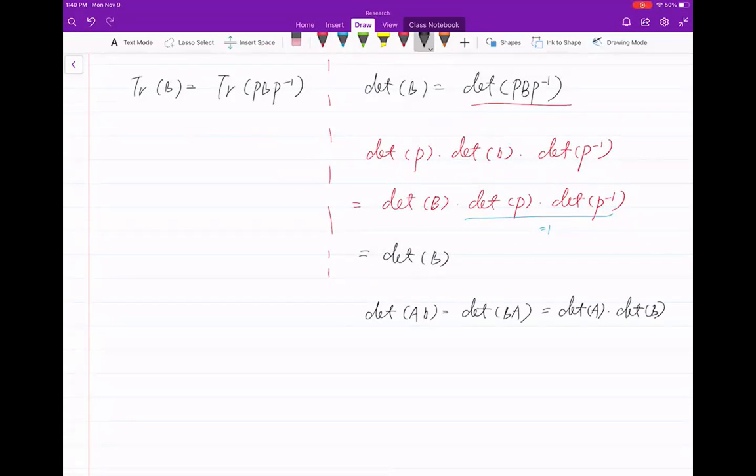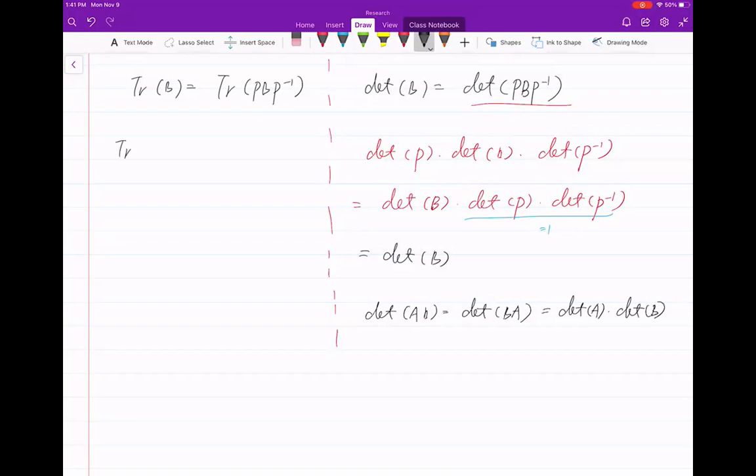Did you guys know about this fact before? Okay, so do you know what the determinant stands for? It stands for, when you do the change of basis, how the area is going to change, right? So if you double the area, then triple the area, it's the same as triple the area first and then double the area. Okay, so that's the determinant.